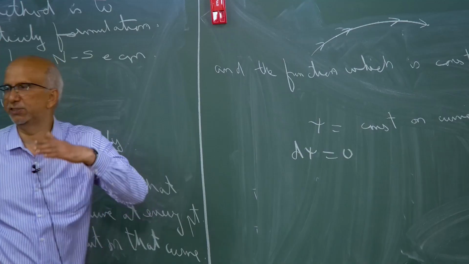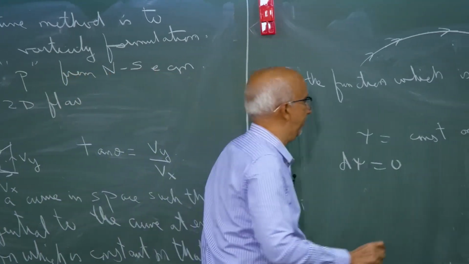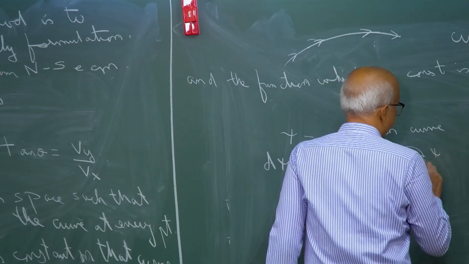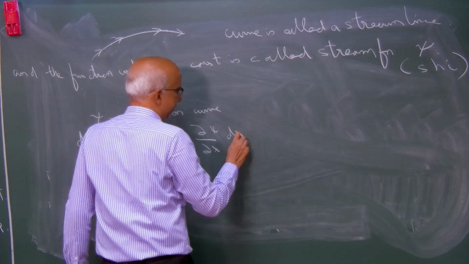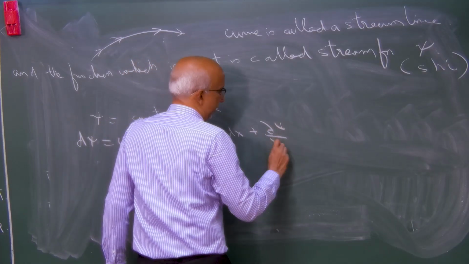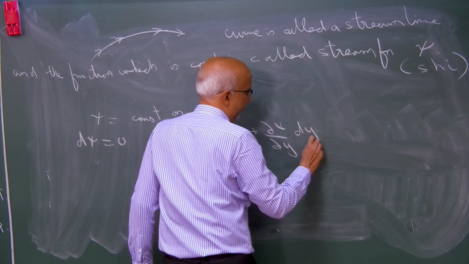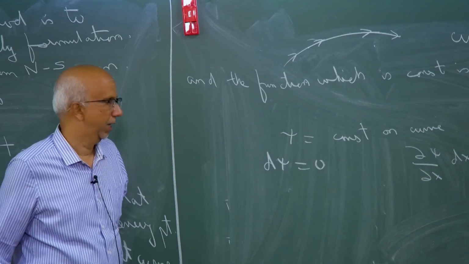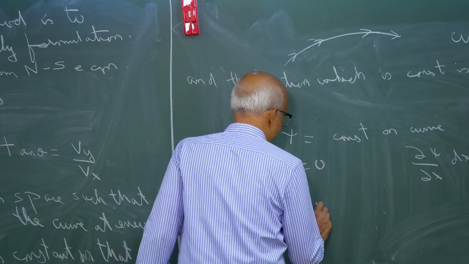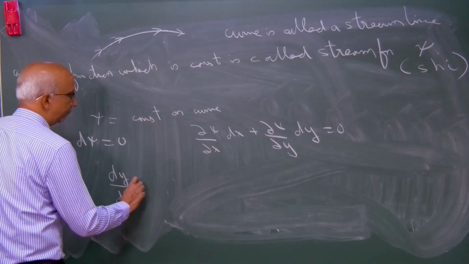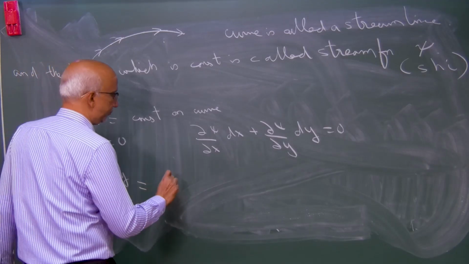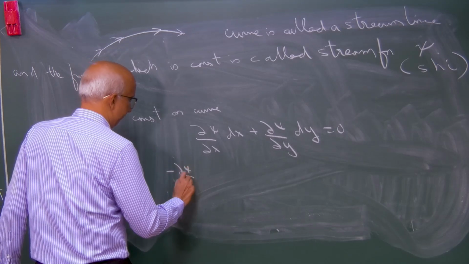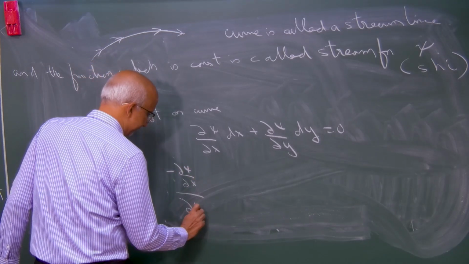There is no change of psi, and this implies partial d psi by dx dx plus partial d psi by dy dy equals 0, which means dy by dx equals minus d psi by dx divided by d psi by dy.